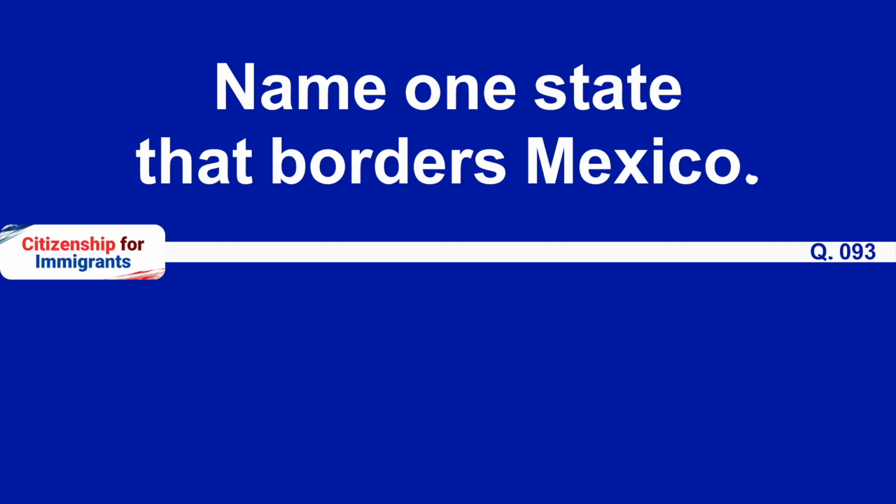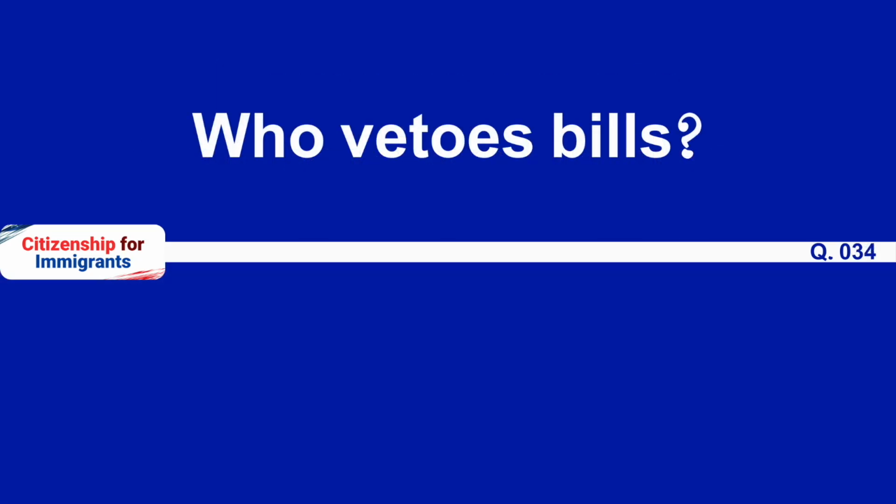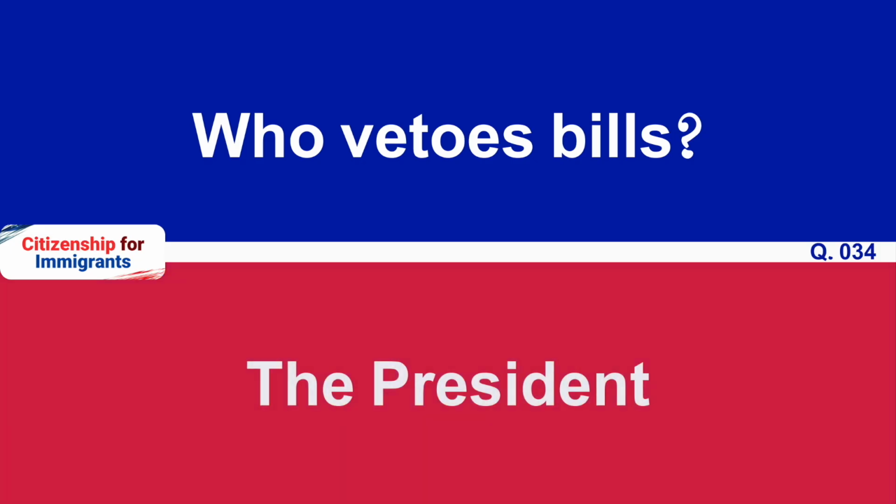Name 1 state that borders Mexico. California. Who vetoes bills? The President.